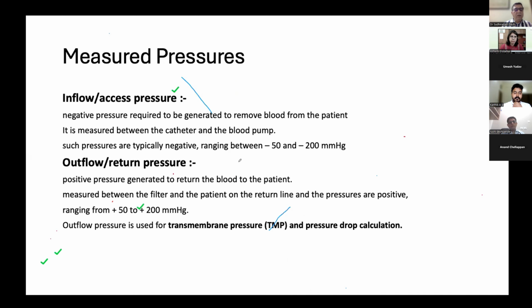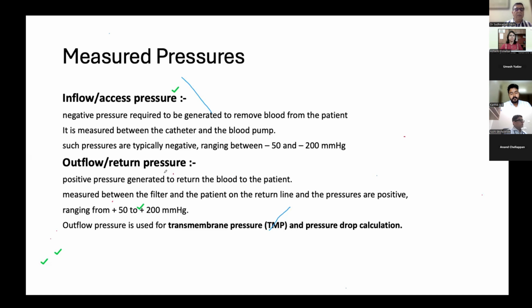Then the return pressure, which is the blood pushed back into the patient, is always positive. So this return pressure will be between +50 to +200 millimeters of mercury. So these two are required.